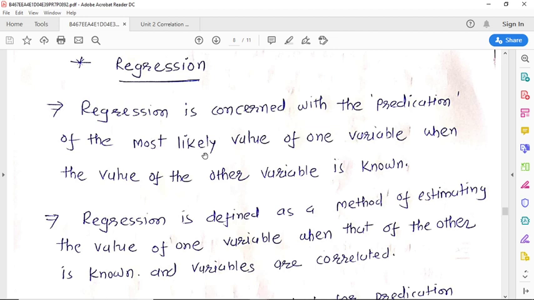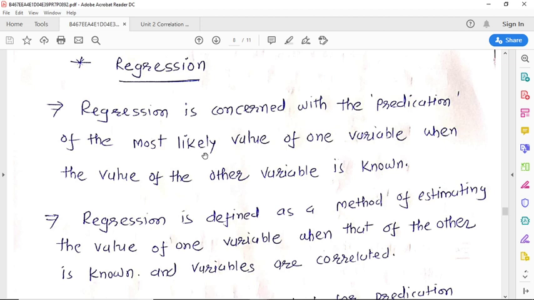You can also say it in such a way that correlation depends on two variables, where both variables are random variables. And regression is also defined for two variables, where one variable is a random variable and the second variable is fixed. So regression is a concept concerned with the prediction of the most likely value of one variable when the value of the other variable is known.